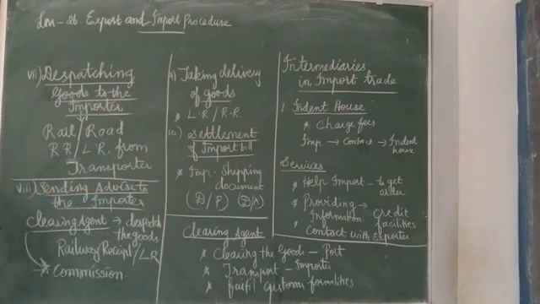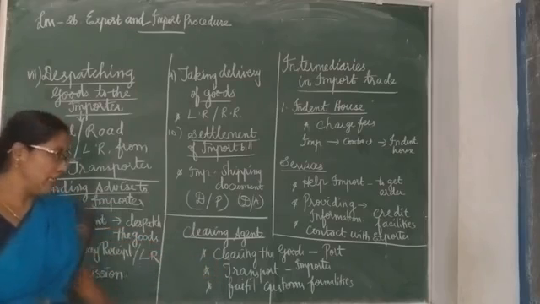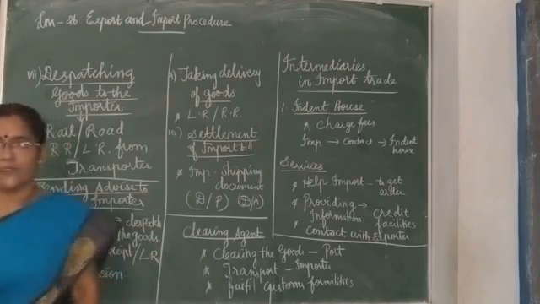The clearing agent is doing a specialized job. What is that job? They receive the goods from the port of discharge, the destination port, and transport them to the importer, and he fulfils all the customs formalities.